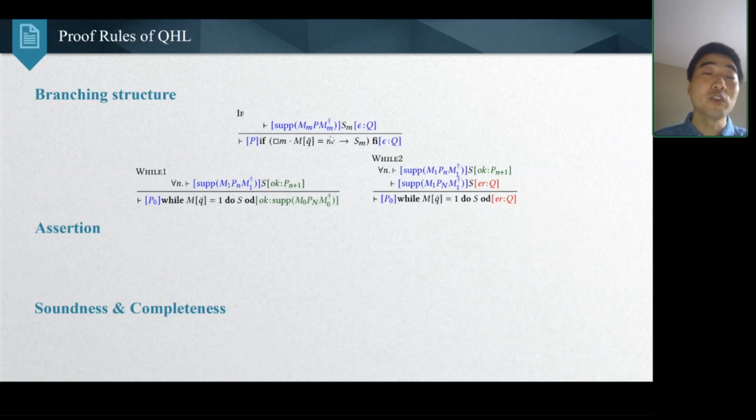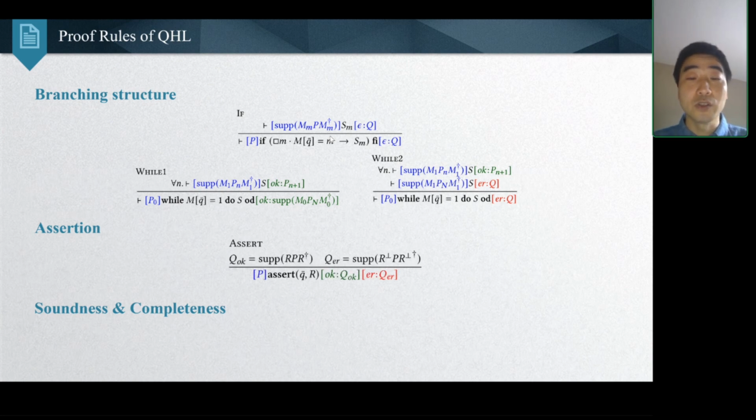And this is a branching structure, and this is an assertion. OK is the support of R P R dagger, and Q error is the support of R perp, meaning the complement of R P R perp dagger.